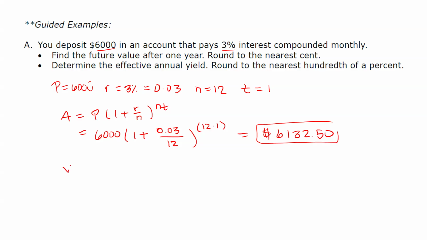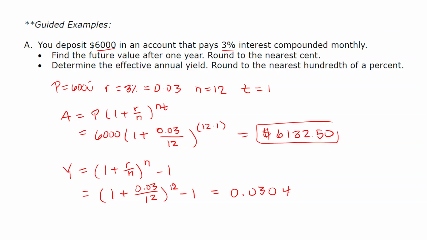The second part of this problem tells me to find the effective annual yield. So Y equals (1 plus r divided by n) raised to the power n, minus 1. So I have (1 plus 0.03 divided by 12) raised to the power 12, minus 1, which equals 0.030415.